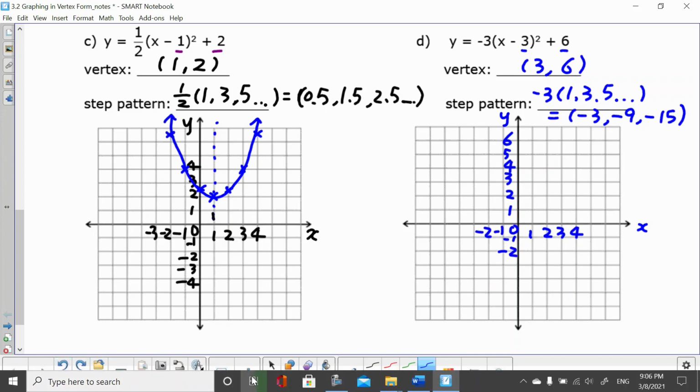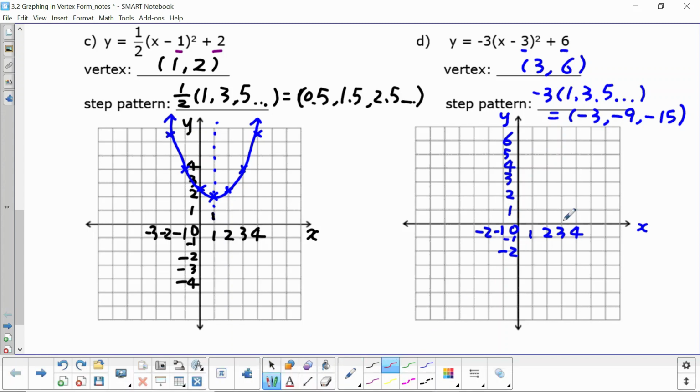Then after that, we are going to find the vertex, (3, 6). The x value is 3, the y value is 6. So x is left, right, y is up, down. So it's right 3, up 6 from (0, 0). This is the vertex.